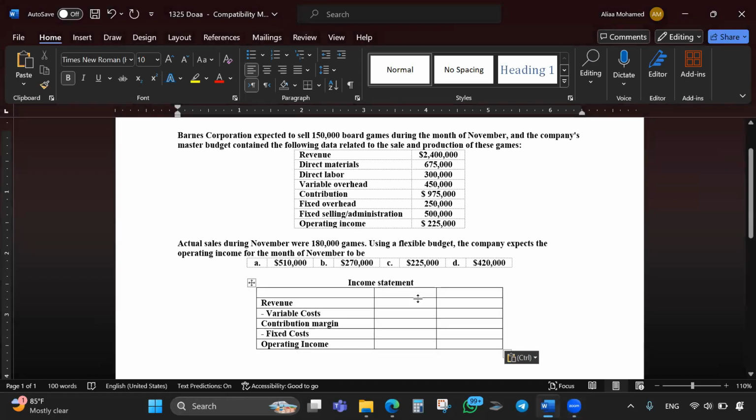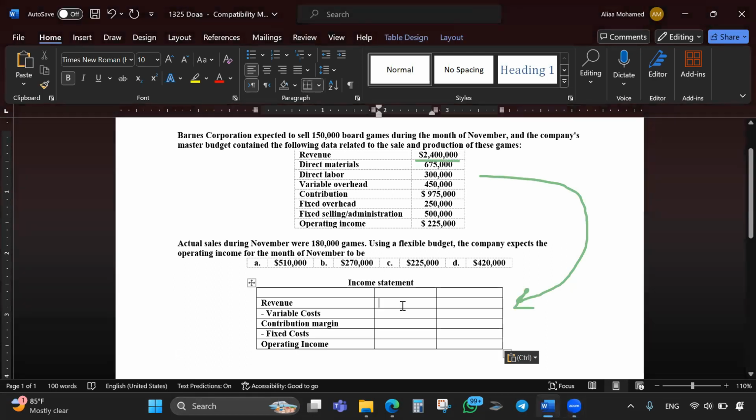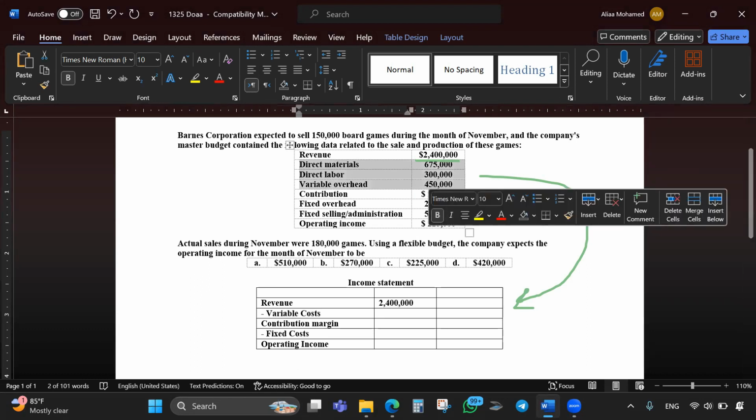We can summarize the above table in this new table like that. Revenue is 2,400,000, will be written here, minus all variable costs, which are direct materials, direct labor, and overhead.